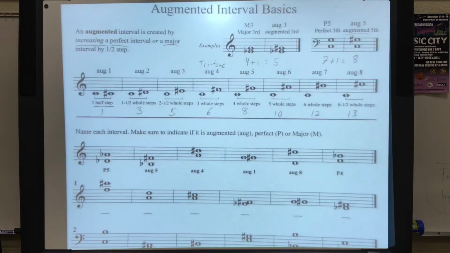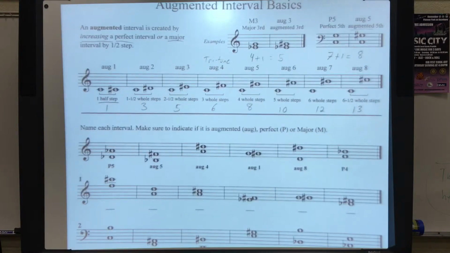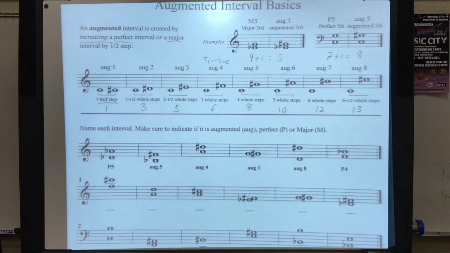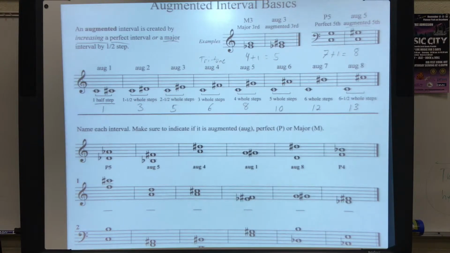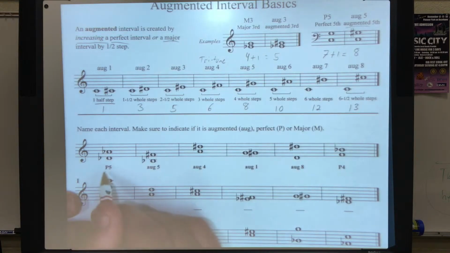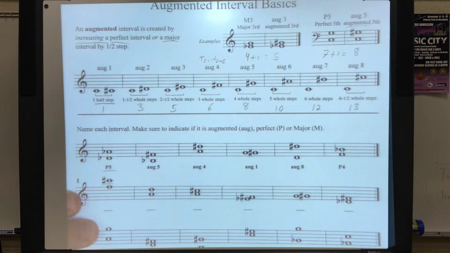Let's do some of these first examples here, okay? So perfect fifth, as we've done in previous lessons, I'd like you to write the half steps below the notes, okay? Or the half steps below this part where you put the quality and a number. So we'll draw a line. Perfect fifth, okay?